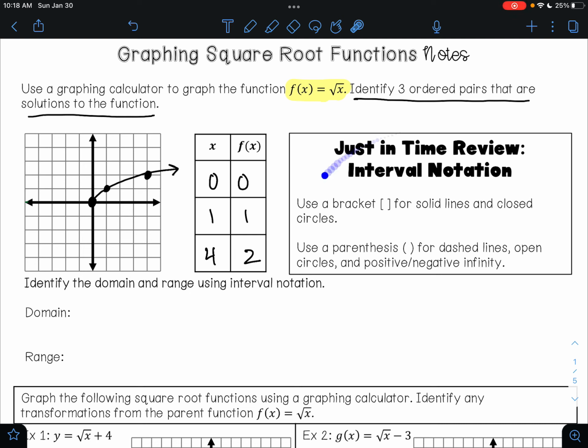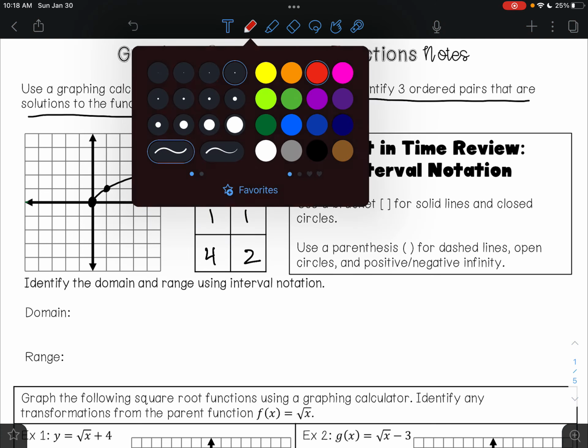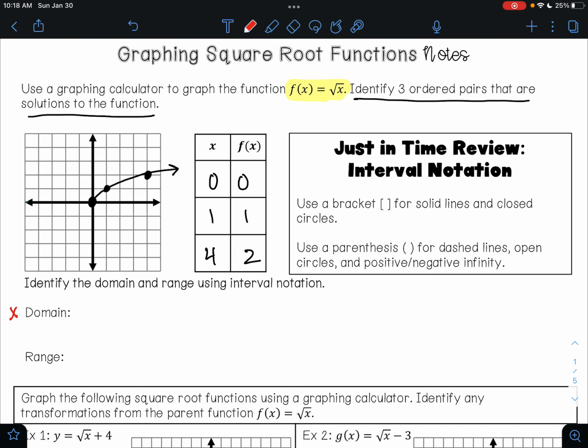Now down here it says to identify the domain and range using interval notation. If you forgot about interval notation, remember that you use a bracket, which are these square grouping symbols here, for solid lines and for closed circles. And then we'll use a parenthesis, so these curved grouping symbols, for dashed lines, open circles, or positive and negative infinity. So you'll recall that your domain are your x values from left to right.